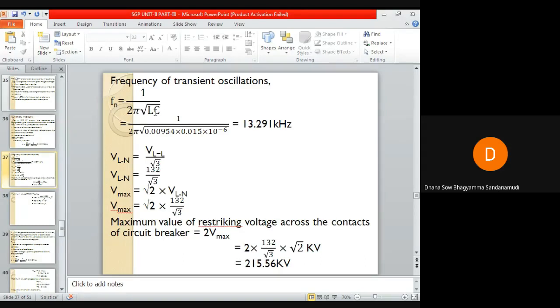Substitute the L and C values in this formula. You will get 1 by 2 pi root of 0.00954 into 0.015 into 10 power minus 6. Divide the whole expression, and you will get 13.291 kilohertz.